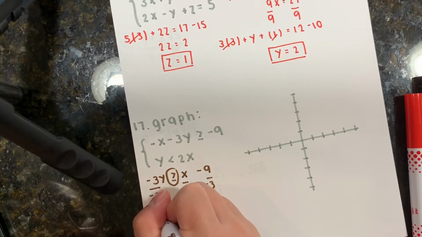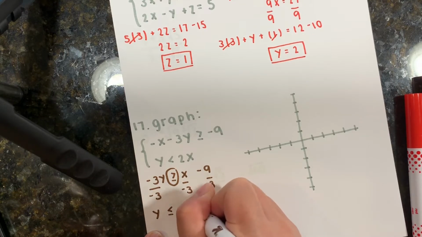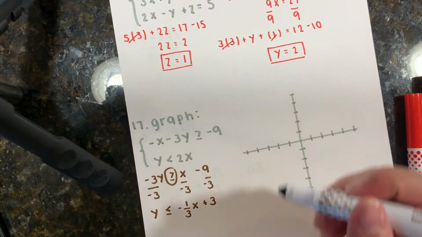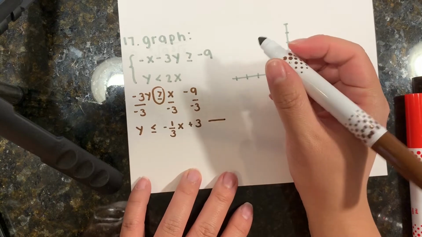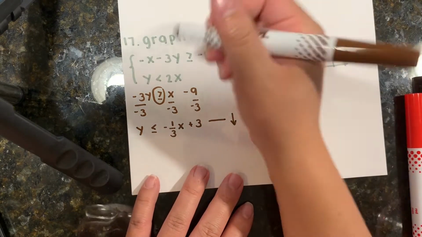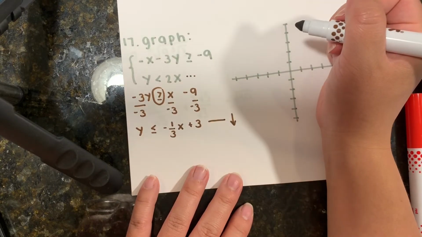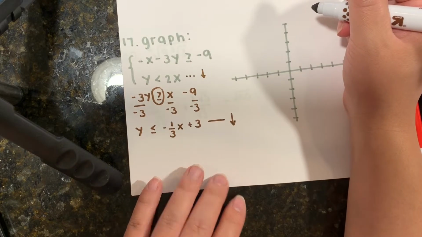So that would be y is less than or equal to negative 1/3 x plus 3. Now this one here is going to be a solid line, and we're going to shade everything below this line. For the other line, it's going to be a dotted line because there's no equal sign. And because y is less than, it's going to shade below.